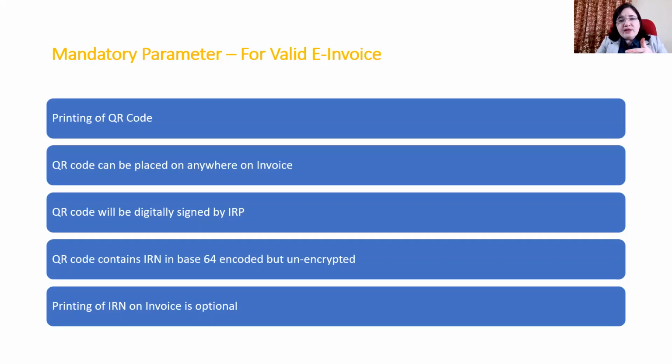Whether you want to print the IRN, that is the invoice reference number, on the tax invoice is up to you. It is optional. If you require, you can print the IRN number also on the invoice. If you don't require, you may not print it. Whenever you scan the QR code, you get the IRN. So only the QR code is compulsory to print on the tax invoice.